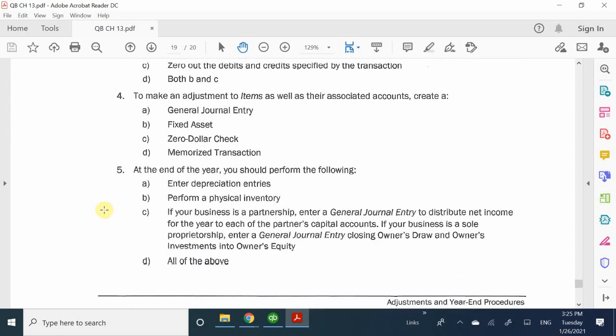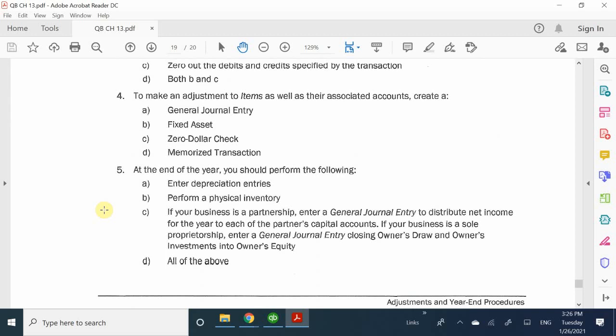All right, last but not least, at the end of the year, you should perform which of the following? Oh, I say D, all of the above. Yeah, I first said C and then I went back and thought we should technically be doing all of it. Correct. D, you have to do every single one.